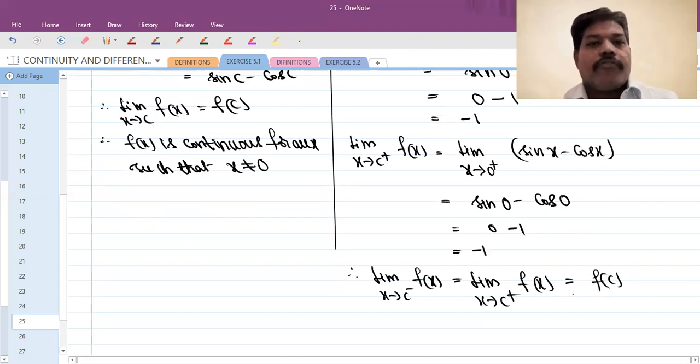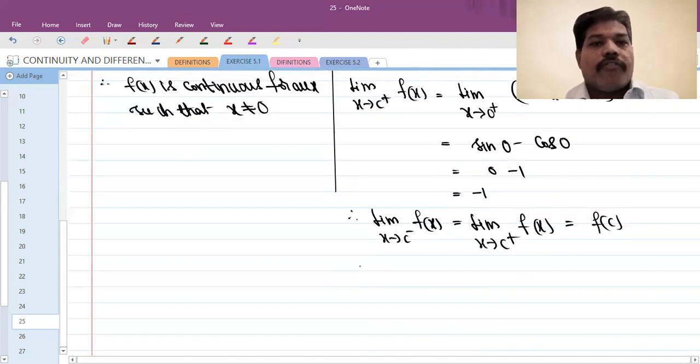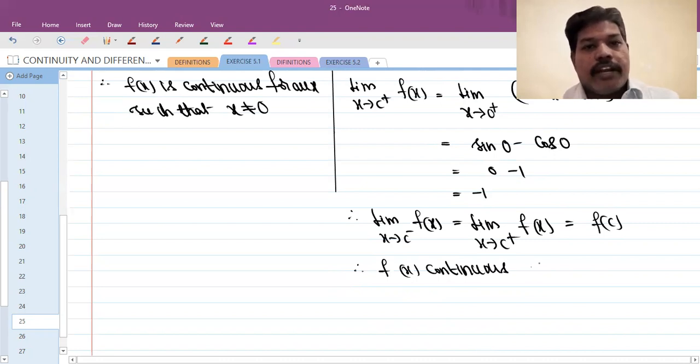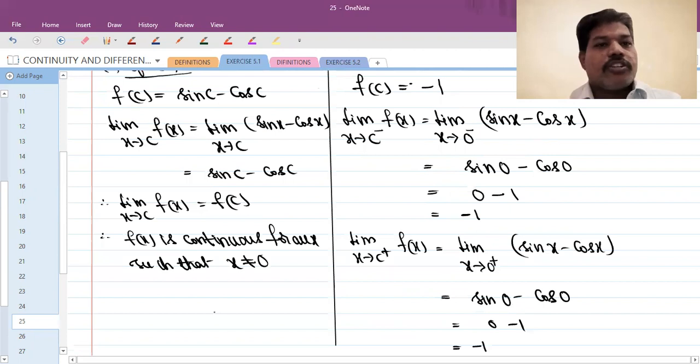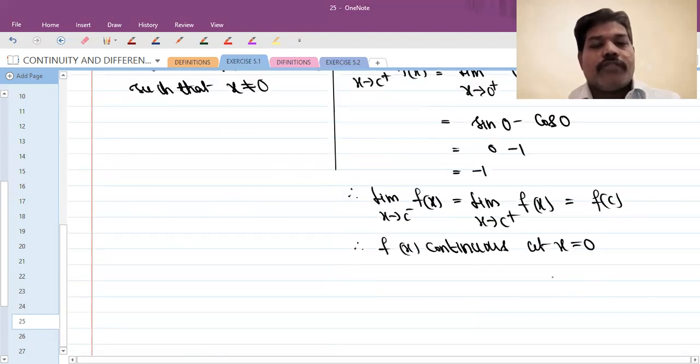Therefore, what we can conclude is that f of x is continuous at x is equal to 0. That means if x is not equal to 0, the function is continuous, and if x is equal to 0, the function is continuous.